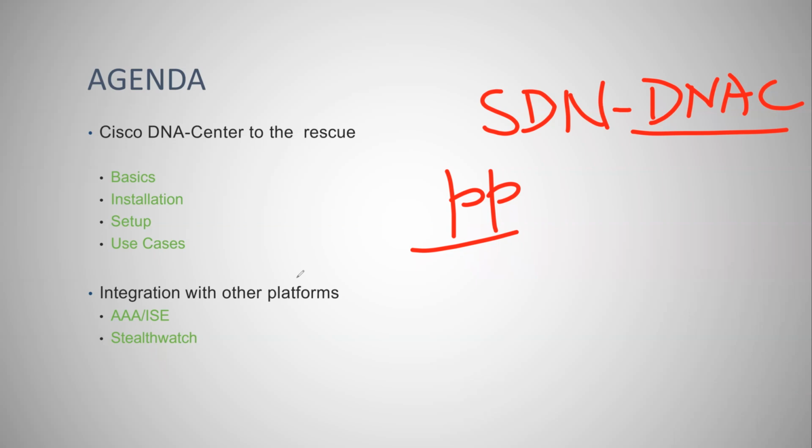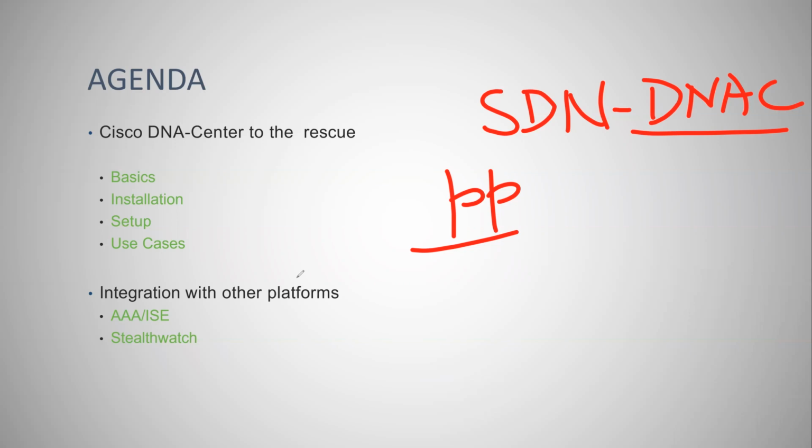So can I integrate DNA with Firepower or a cloud-based firewall or Umbrella and so on? Can we integrate? The answer is yes, we can integrate. Now, think about a network without DNA, for example. In your network, for wireless devices, how are you providing security?